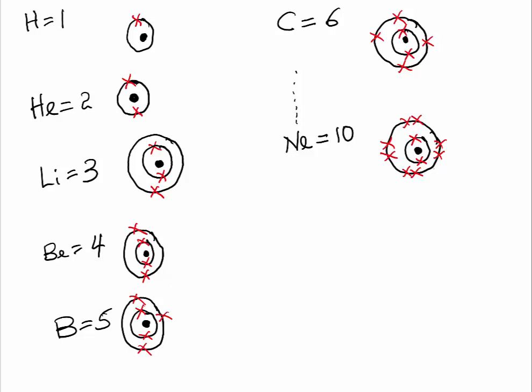Let us now move on to sodium. Sodium has 11 electrons. The first 2 electrons in sodium can be found in the K shell. The next 8 electrons can be found in the L shell.